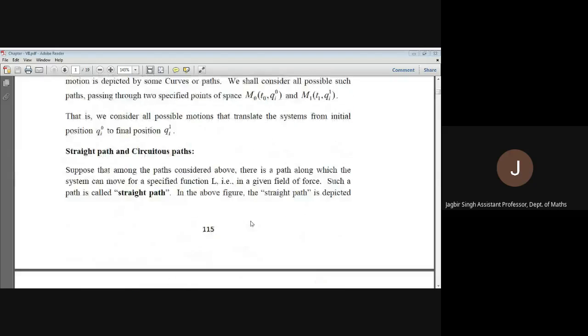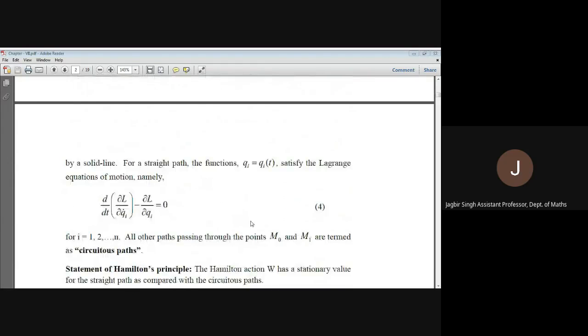No diagram is shown here; I will share a diagram that elaborates what we mean by a straight line path and a circuitous path. There is one more point: along a straight line path the Lagrange equation of motion is satisfied, meaning d/dt of ∂L/∂qi dot minus ∂L/∂qi is equal to 0 along a straight line path.